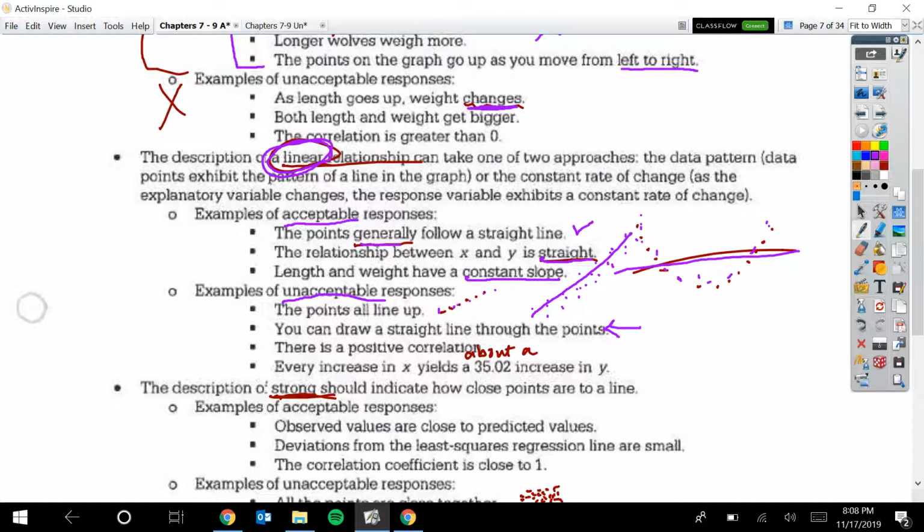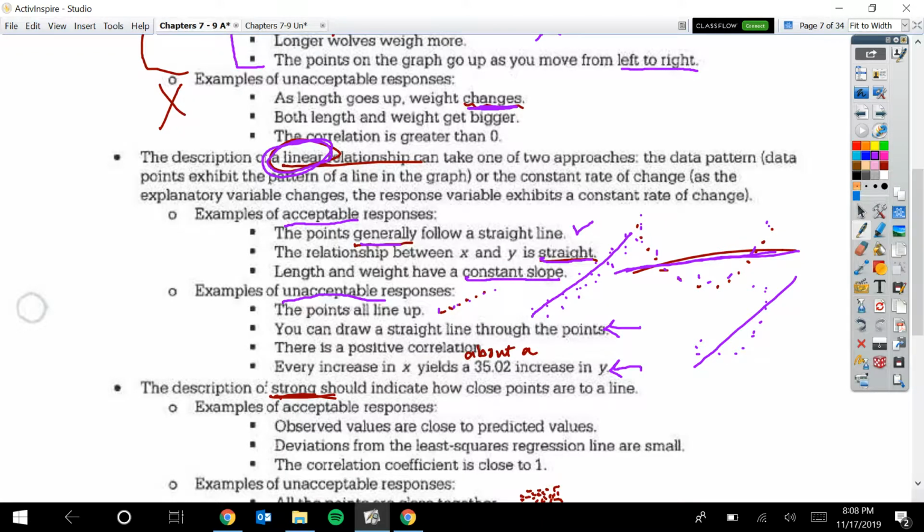Just saying there is a positive correlation does not make it a line, okay? Because I could have data like this, and I could say that's a positive correlation. It would give me a positive R value, but that's not a line. Every increase in X yields a 35.02 increase in Y. So what this is doing is it's getting to the direction of describing slope, but it's not quite there either.